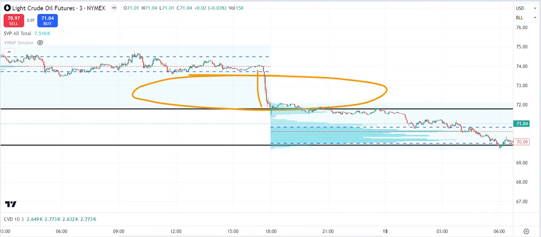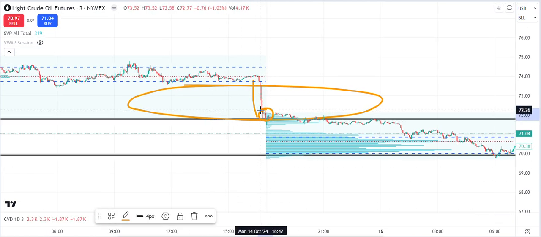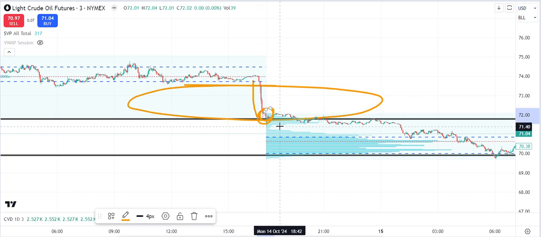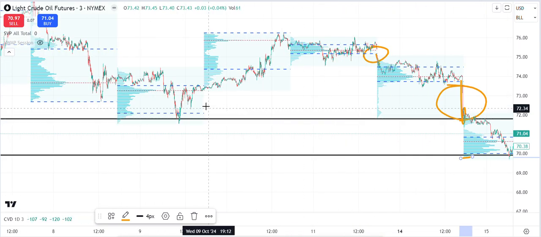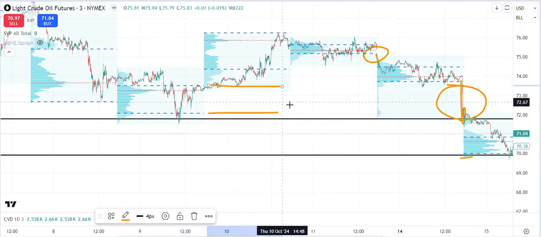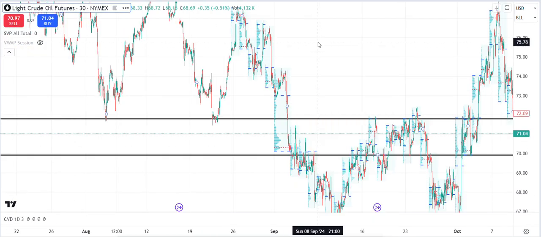So when it opened up here, the next area of balance. This was the next area of balance. This was the one below. This was the one above. Those are the two areas you're looking at. And I'll show you on a 30-minute chart where that is.